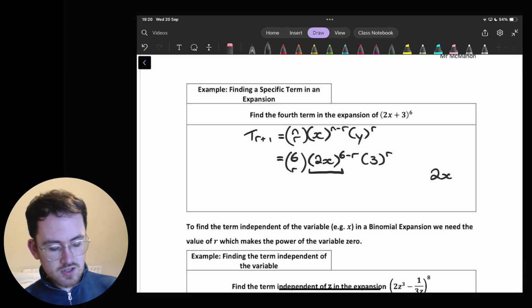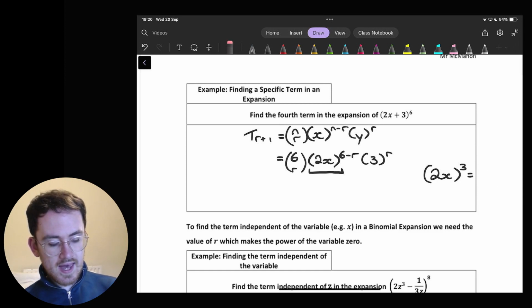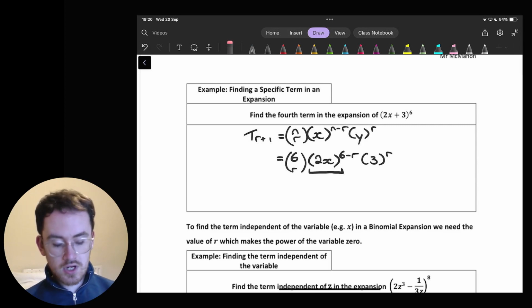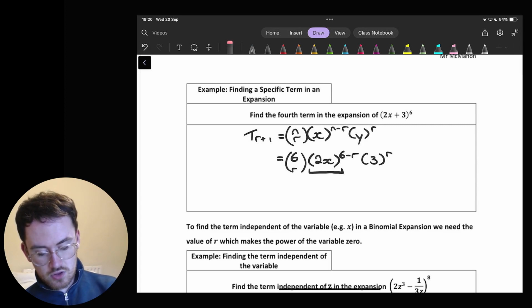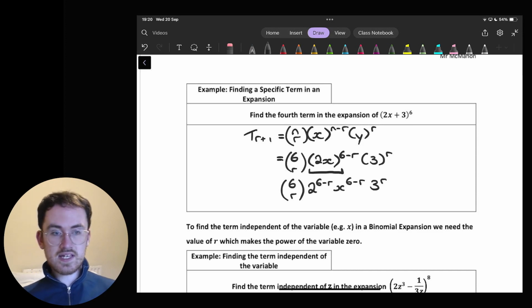If we had, say, 2x to the power of 3, that would be the same as 2 to the power of 3 and x to the power of 3, which is, of course, 8x cubed. So when we have a term in a bracket to a power, we can actually split that power across the term in the bracket. So I can rewrite that as 2 to the power of 6 minus r and x to the power of 6 minus r. And then here, of course, I have 3 to the power of r.